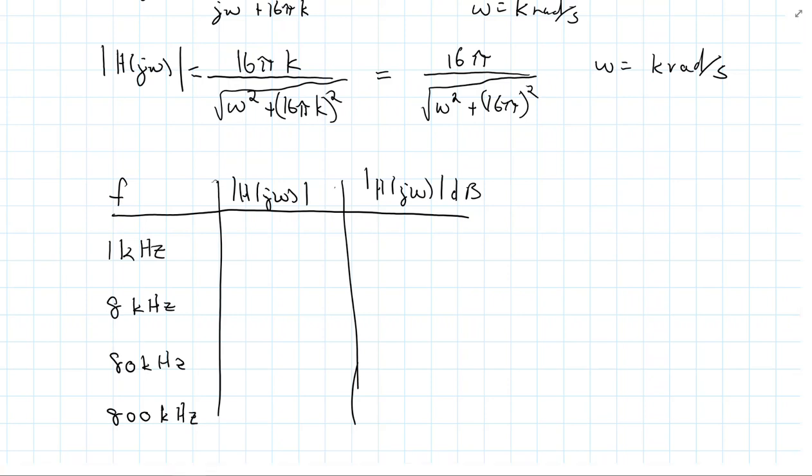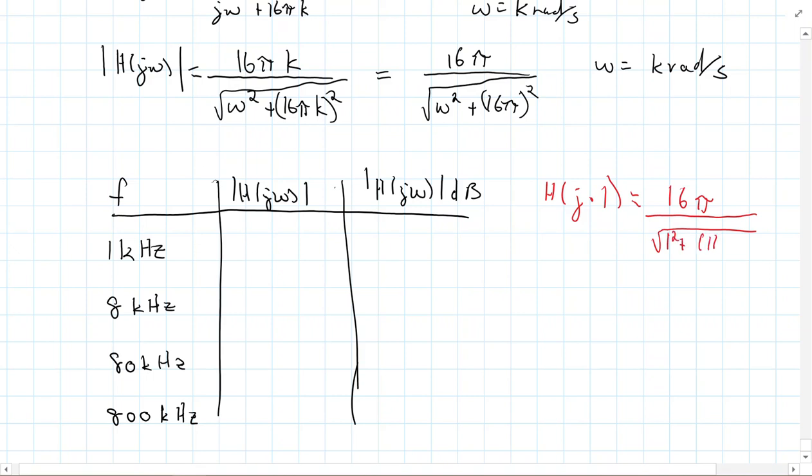Okay, so let's do one of the computations here. The magnitude of H at j times 1 would be 16 pi divided by the square root of 1 squared plus 16 pi squared.